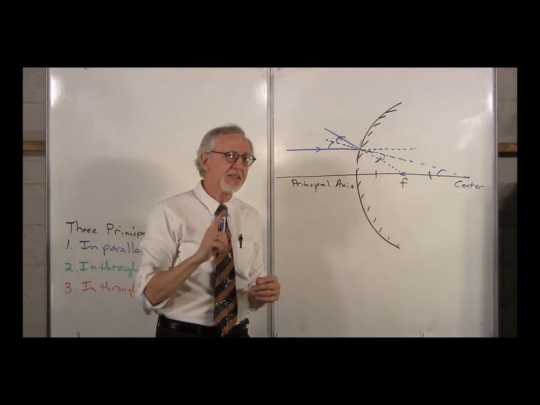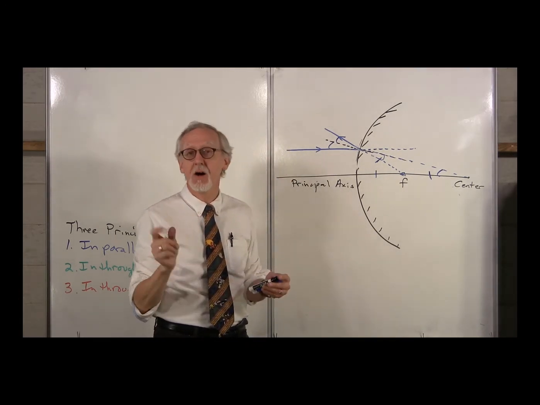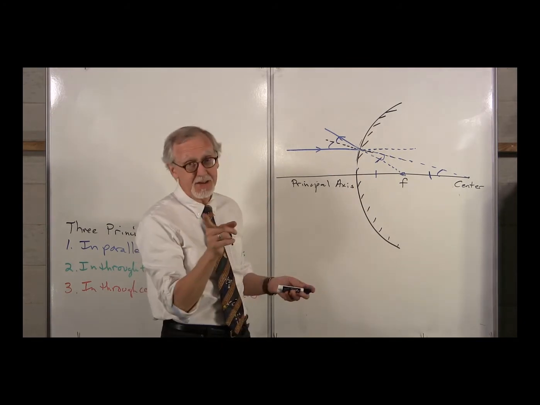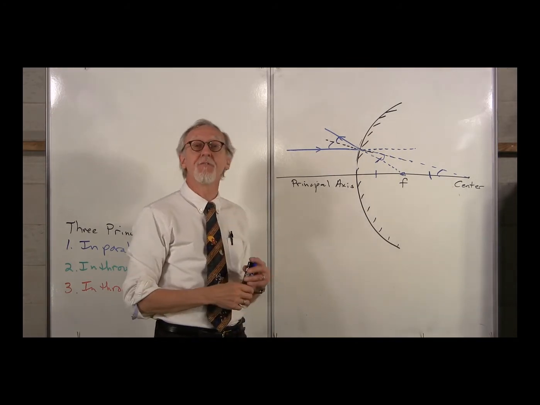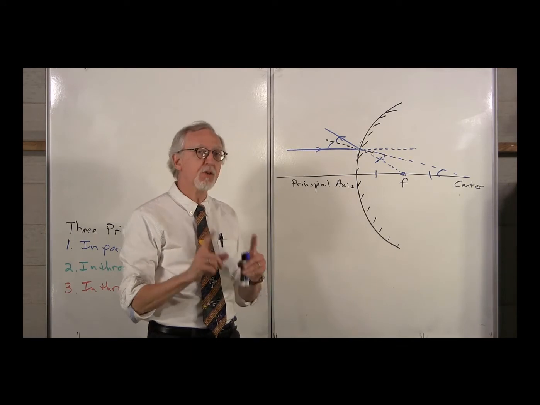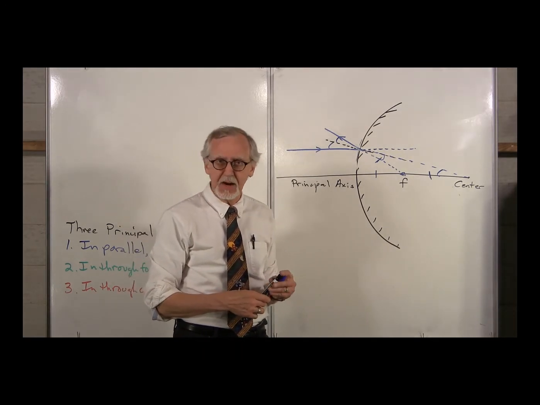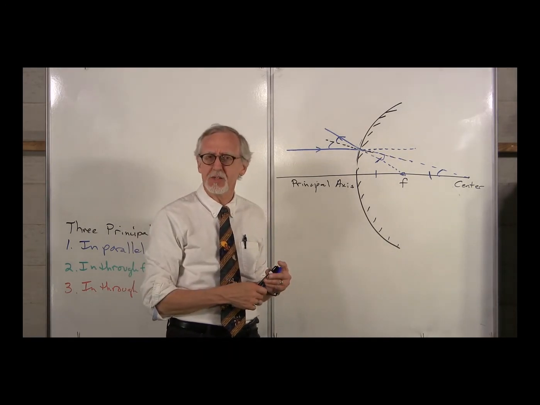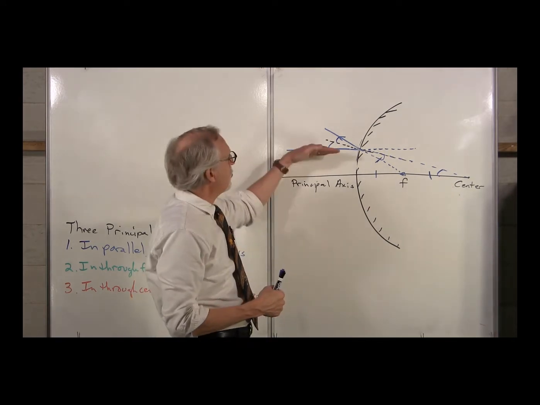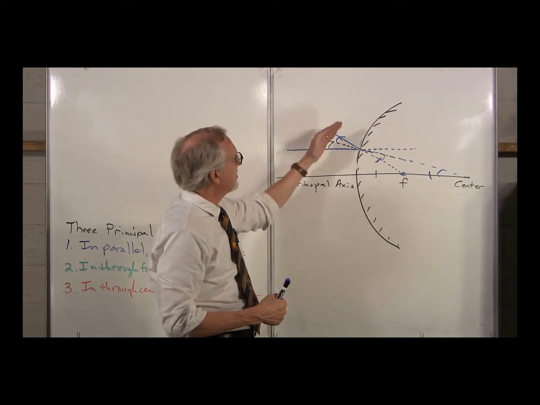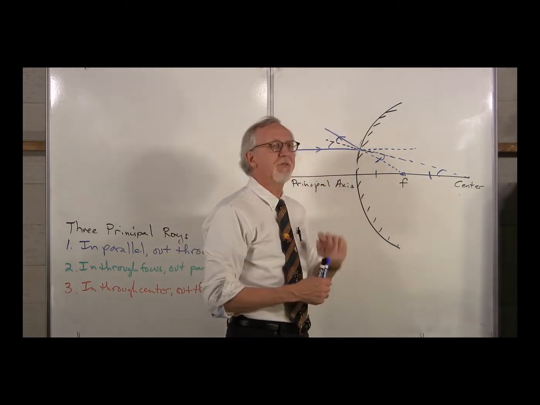Very, very good. This is a very important difference from our concave mirror. And you might guess, we're going to use this as our first principal ray when we draw a ray tracing diagram. Let's go ahead and change our first principal ray right now. A ray that comes in parallel is then reflected from the focal point.